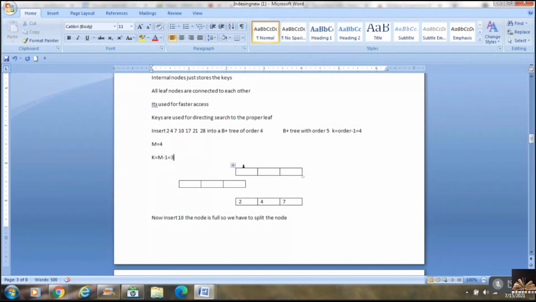I can insert 2 directly. Then I insert the second value, which is 4, at the second position. So my second insertion gives 2, 4.